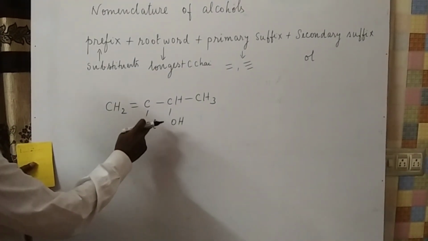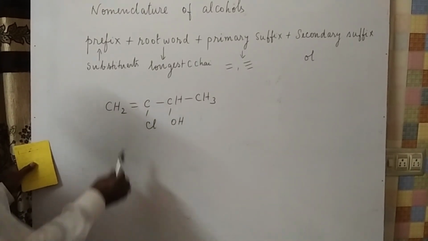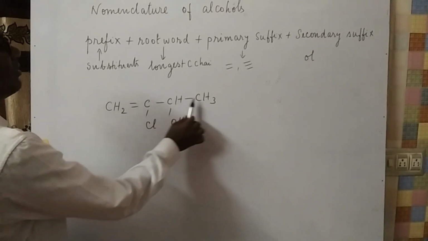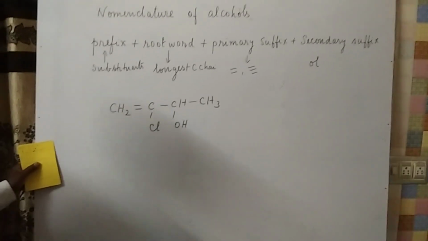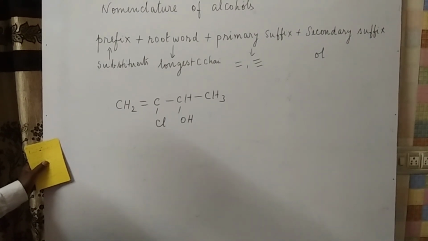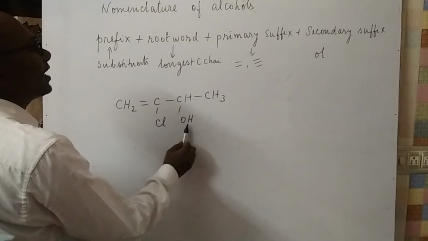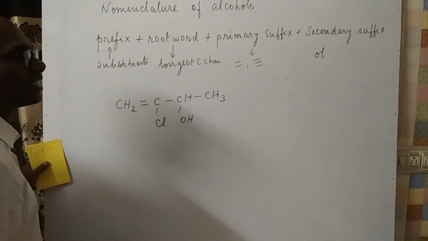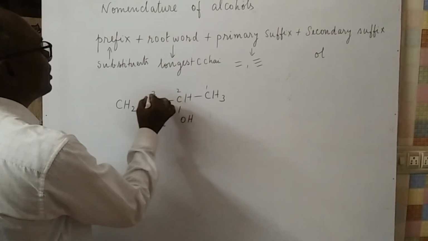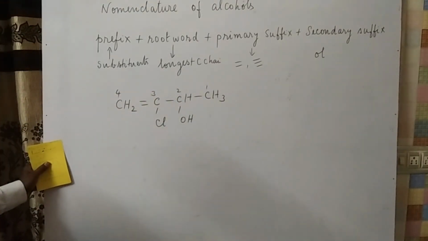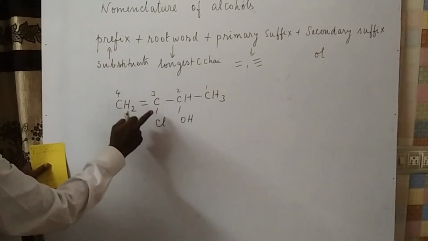Now let us try to name this compound. First we have to choose the longest chain, 1, 2, 3, 4, and then we have to number the carbons so that the OH group is attached to the carbon with the least number. So the numbering 1, 2, 3, 4. Now, first prefix. Prefix speaks about the substituent.